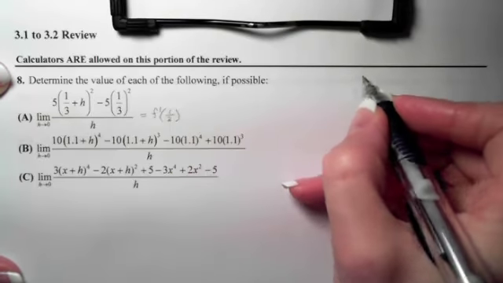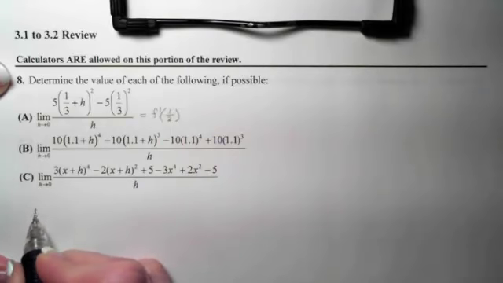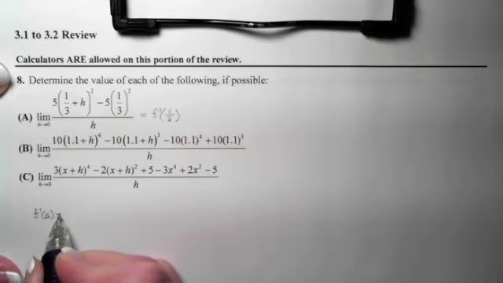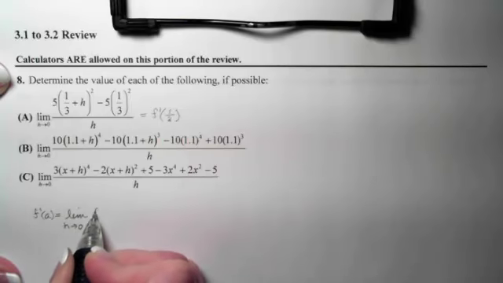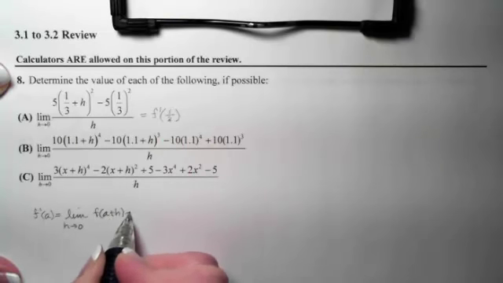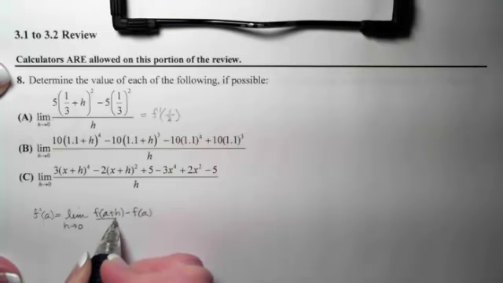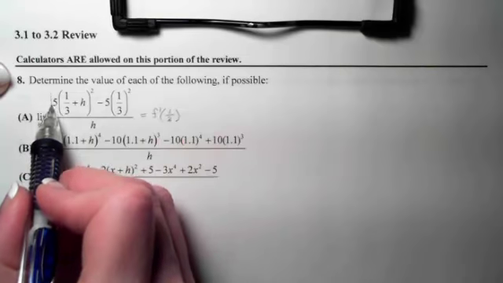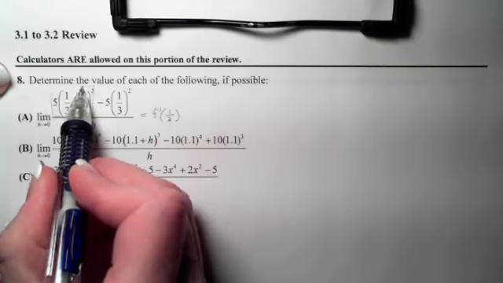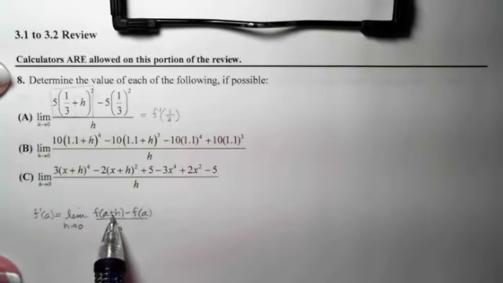Let's remember that our derivative for any function at any point will be defined as this, that f of a plus h minus f of a over h. So if we look here, we can see that this piece right here is going to be the f of a plus h.